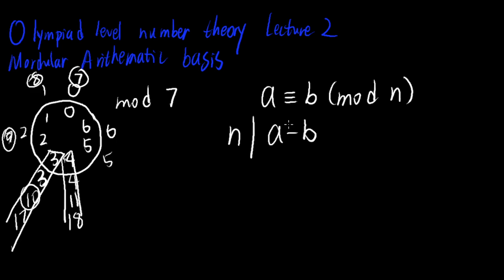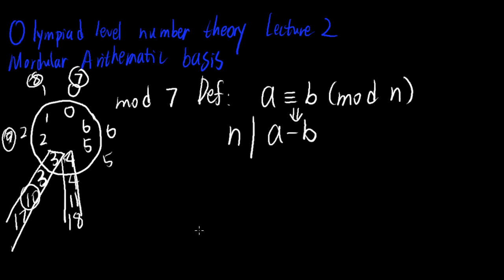So we have the definition of modular arithmetic, and many times when we need to prove some basic facts of modular arithmetic, we can directly refer to divisibility, because we know more about divisibility, right?